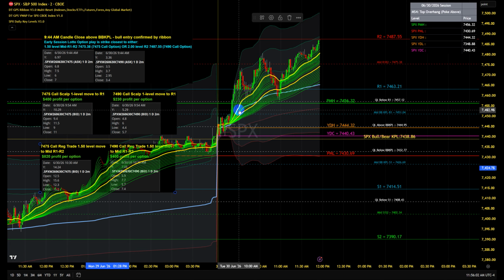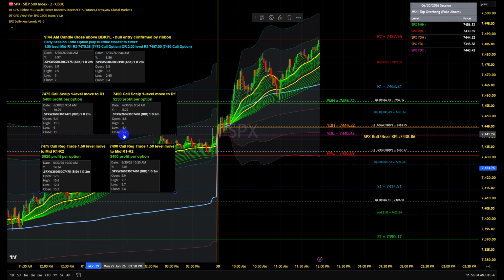Bid price on the close on the scalp $5.70, so that's $230 profit per option. So percentage-wise, this is a very good return on either one of these, even though the actual profit dollar figures are a lot less than the regular standard play, which we'll go back and look at now.